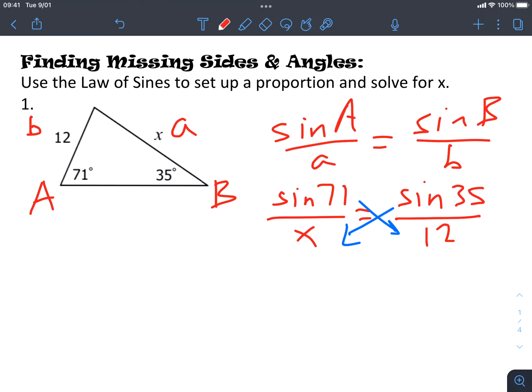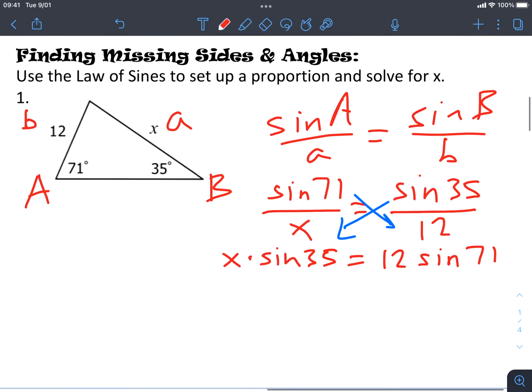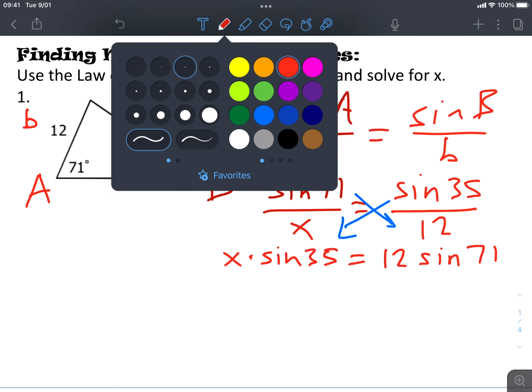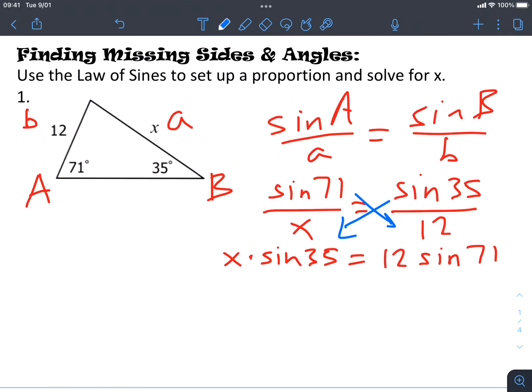So I end up with x times the sine of 35 equals 12 times the sine of 71. From here, I want to get x by itself, and since I'm multiplying by the sine of 35, I need to divide by the sine of 35 on both sides.